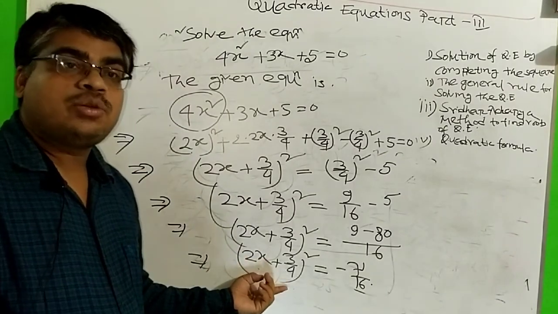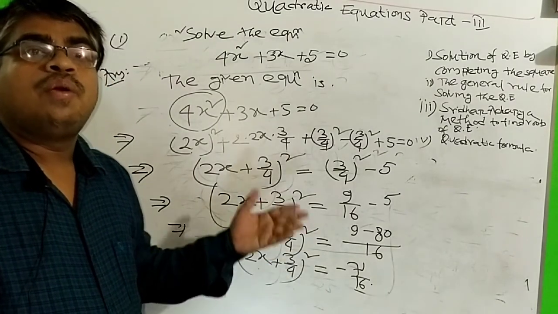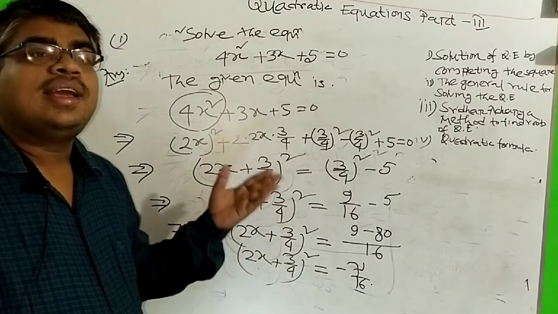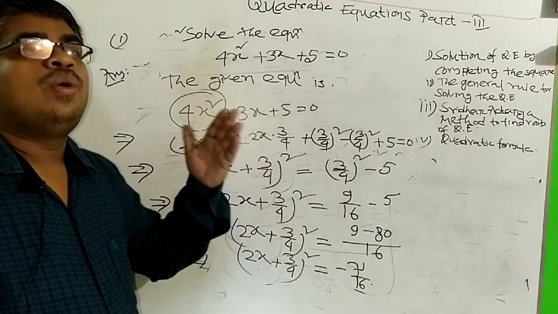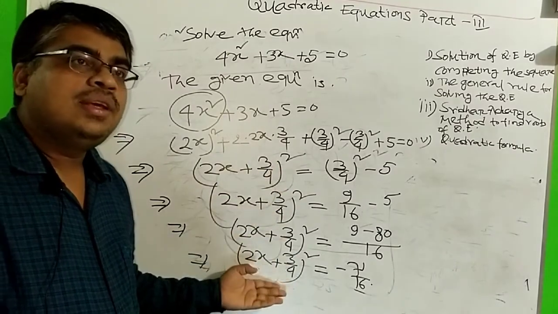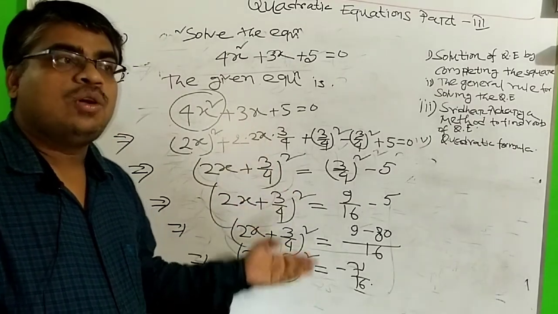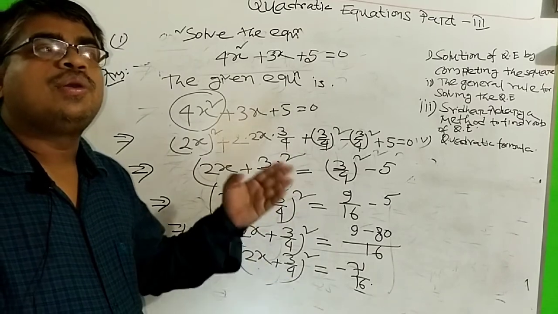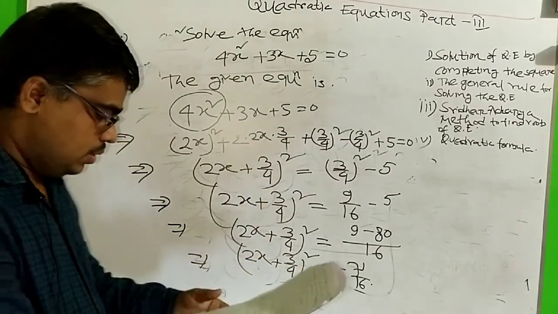This is a perfect square term. We know that no perfect square term can be negative. It is always positive or equal to 0.